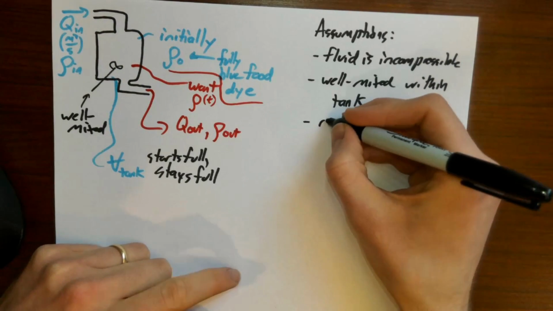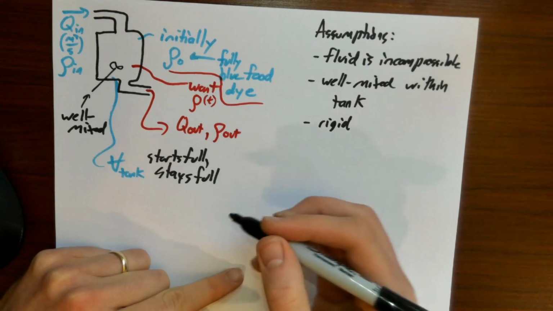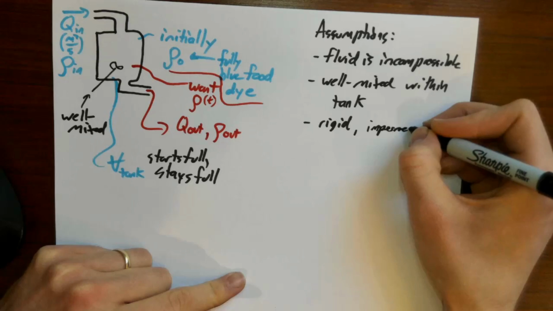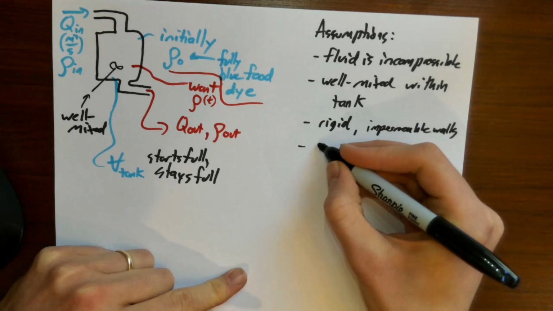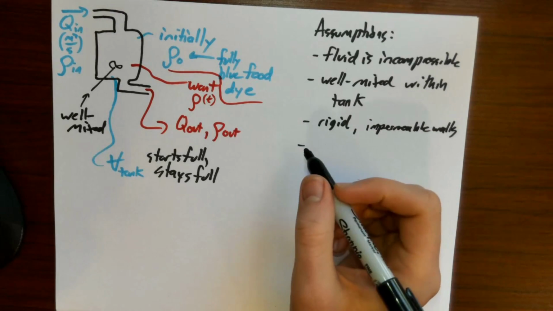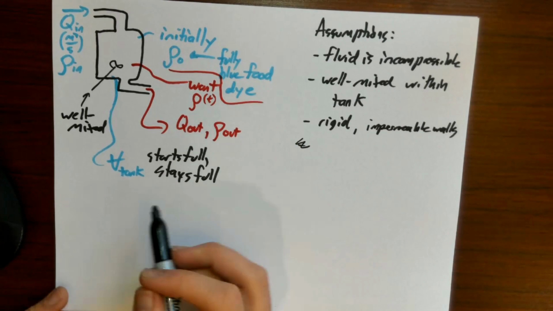The tank is rigid, and it starts full and stays full. Impermeable walls. And there we have it. I think that's it. That's all we really need to move forward.